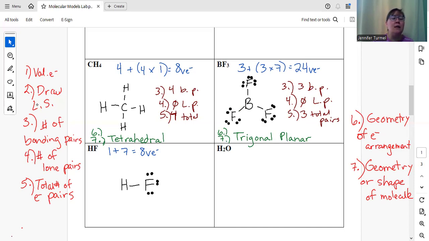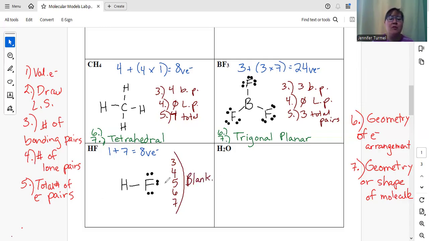Now, this one is a little bit different in that we can't really fill any of this out because we don't have a center atom. So for this one, because we don't have a center atom, we're not going to count any of these. You can leave 3, 4, 5, 6, and 7 blank because we don't have a center atom.